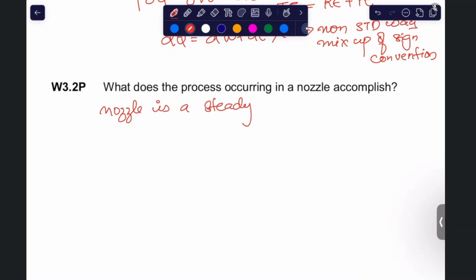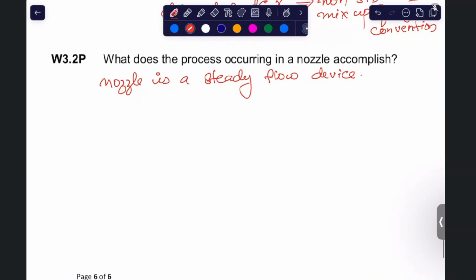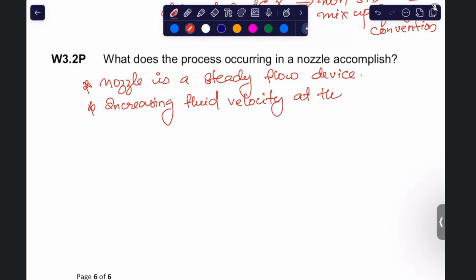It is used for increasing the velocity of the flow at the expense of fluid pressure. Increasing fluid velocity at the expense of fluid pressure.